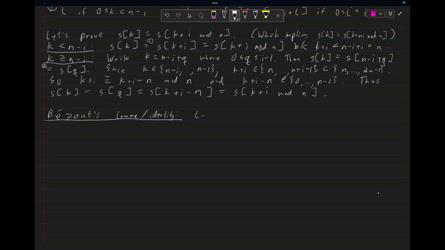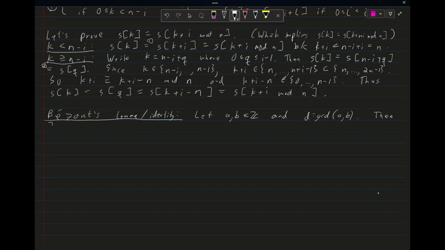Let a and b be integers, and let d be the greatest common divisor of a and b. So this is the largest integer strictly greater than 1 which divides both a and b evenly.